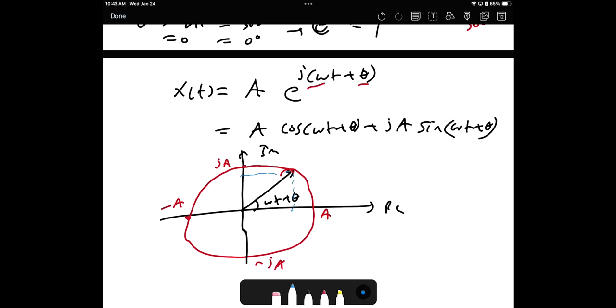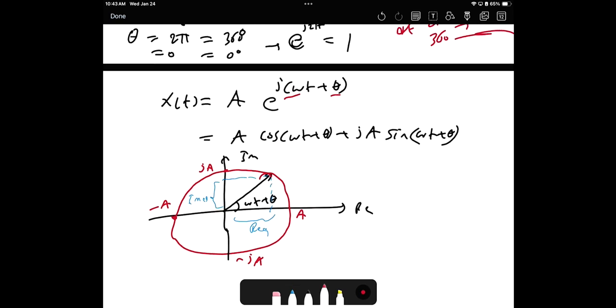Make the projection on the x-axis and on the y-axis, the real and the imaginary. In the real axis, it will be A cosine omega t plus theta. In the imaginary axis, it will be A sine omega t plus theta, and there is a j, just to distinguish it.